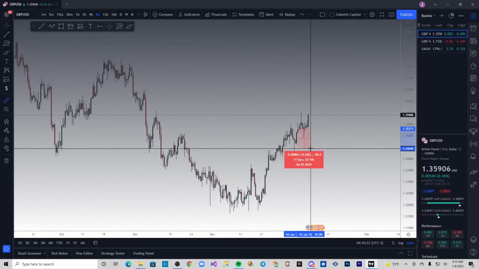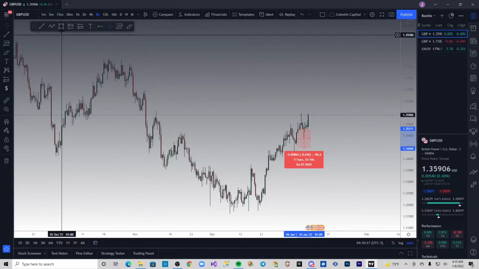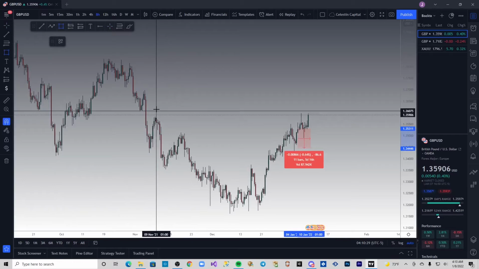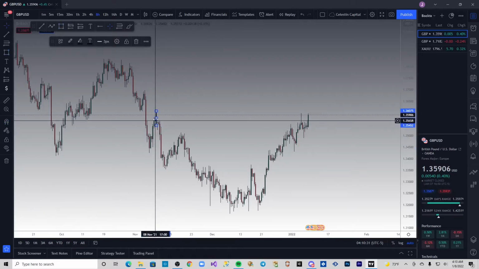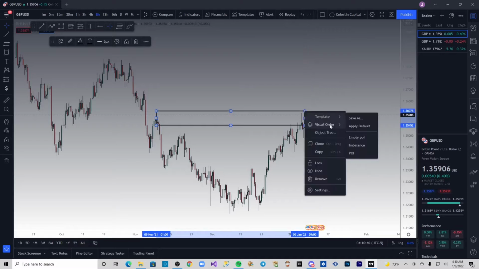These down moves are against the overall trend of the market. So even though the market is up, you were able to catch certain moves within the market that bounce off of what? Bounce off of supply and demand zones. Now, we're going to take a look at this. I'm going to explain everything and how you can counter trend trade in this video, guys. So without further ado, let's go ahead and hop into this video.